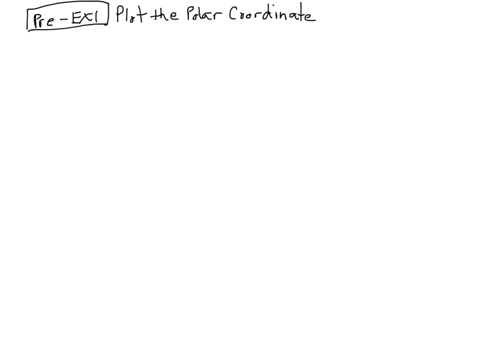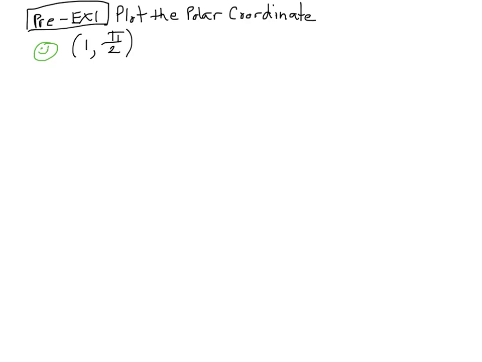And so I'll start off with example smiley face. I can't exactly use A and B because that's example 1. So in this example, we're going to plot the polar coordinate 1, comma, pi over 2.